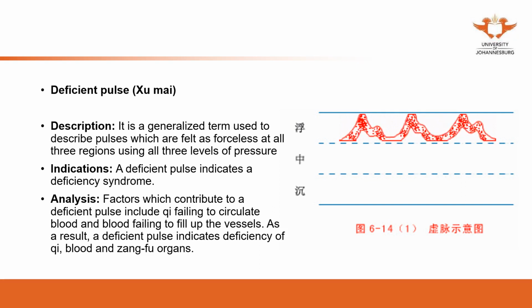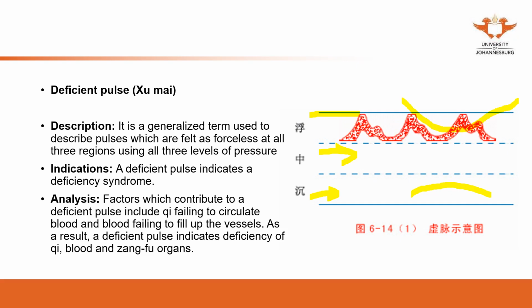For the slow pulse, the rapid pulse, or racing pulse, moderate pulse, no matter which level, the three levels, superficial, medium, or deep, you feel the same rate. Because it is impossible that you feel a rapid pulse at the superficial level and then a slow pulse at the bottom in the deep level.